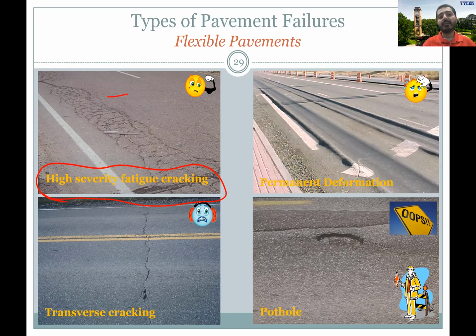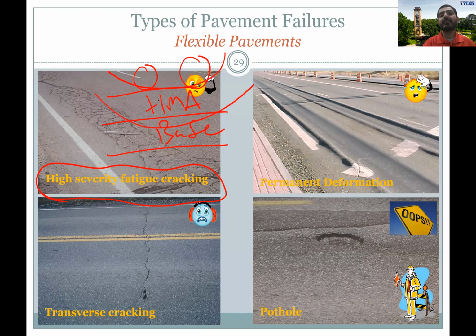Let's assume the pavement structure, again, this is hot mix asphalt, this is the base layer, and now I have traffic loading on top of it. What happens now is the structure is going to bend this way. That bending is going to be felt by the hot mix asphalt layer.